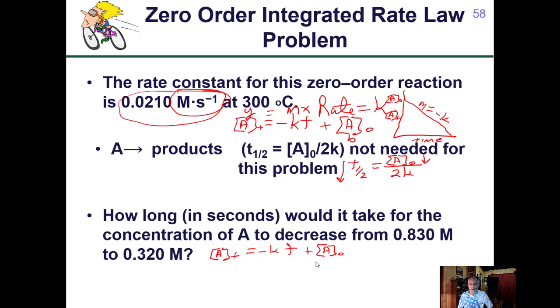So we're going to do the same thing we did last time. We're going to subtract A naught from both sides. That'll get rid of it over here. We'll subtract it over here, A naught.